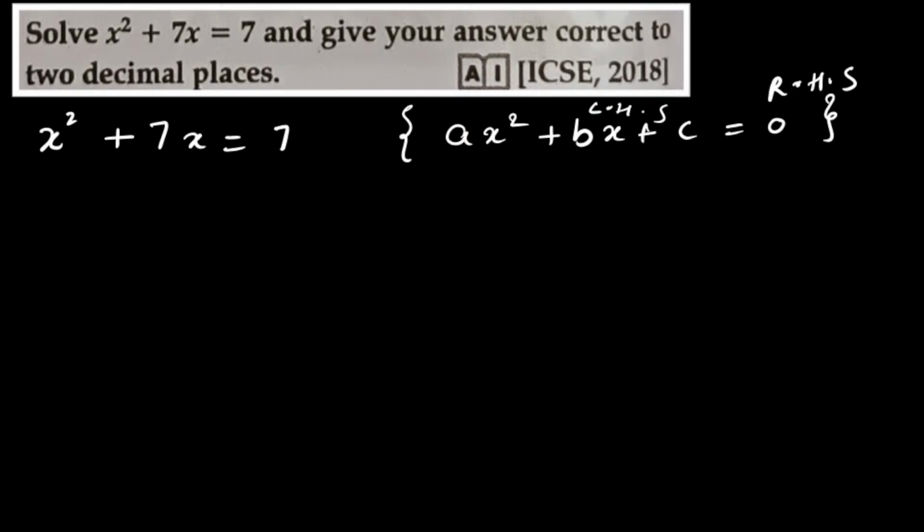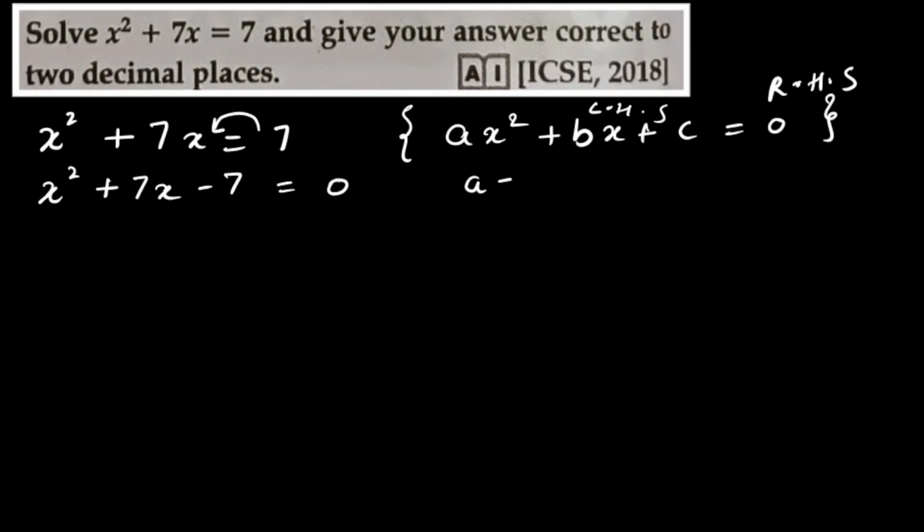So this is not in standard form. So we have to convert it to standard form by shifting this 7 to this side. Because if we shift 7 to this side, I'll get x square plus 7x minus 7 is equal to 0. So we have to convert it to standard form.